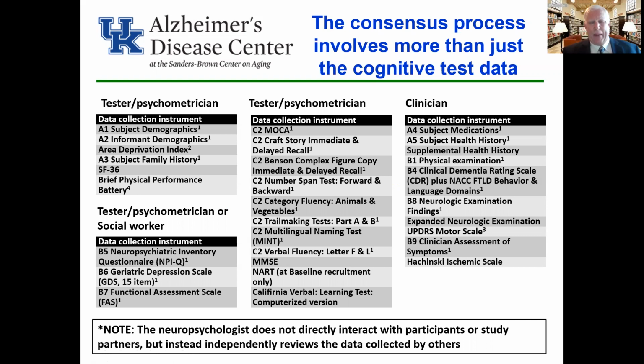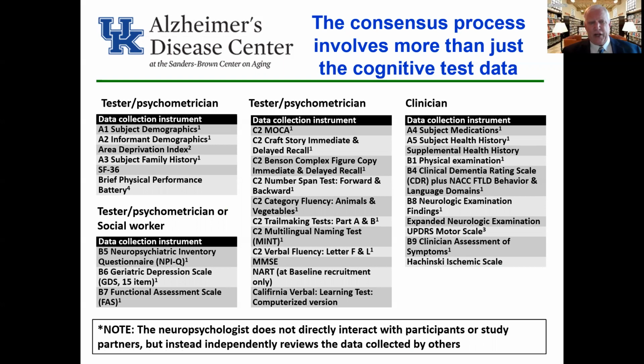So there is basic background and demographic information. A lot of this is collected by the psychometricians, the testers that interact the most with our research participants during any clinical visit. They may go over the subject's family history in addition to any other background that the patient may have in terms of their demographics and other associated scales.